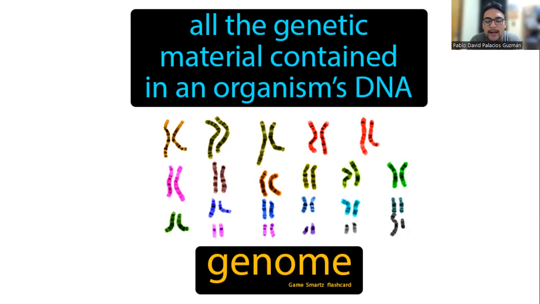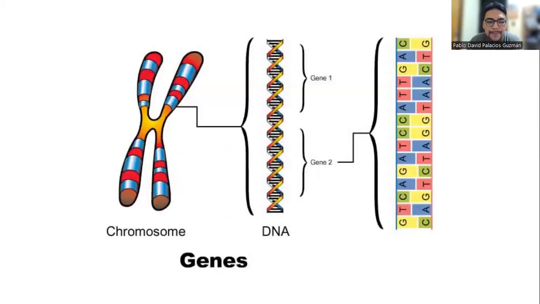And now we have what you can see there, our human genome with 23 pairs of chromosomes. Here was the part I was talking about: the chromosome is composed of DNA, and the DNA is composed of genes.